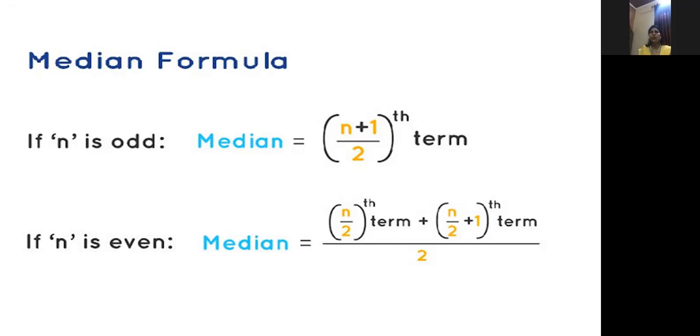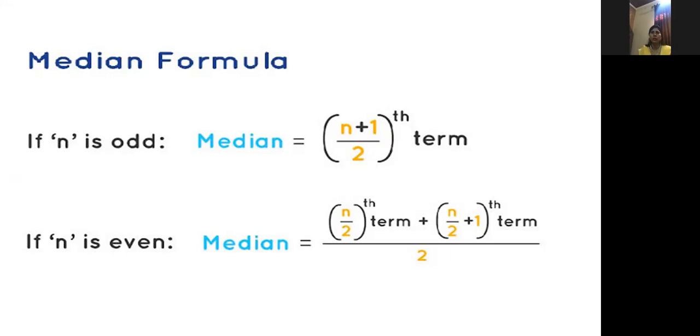Next, let's move on to the next important average, which we call median. What is median? Median is the average which is called the middle value of the data observations. It follows a procedure: first of all, we need to arrange the data in ascending or descending order.